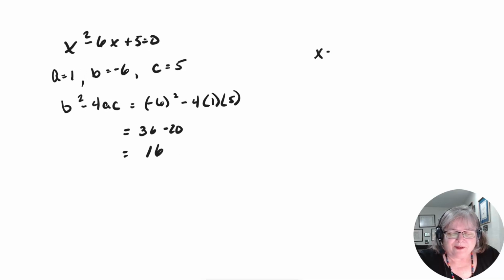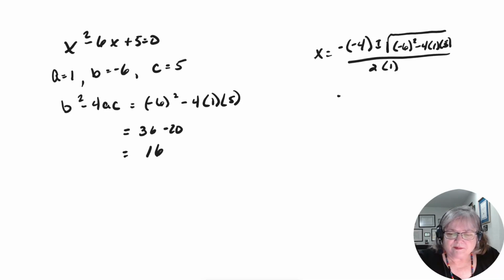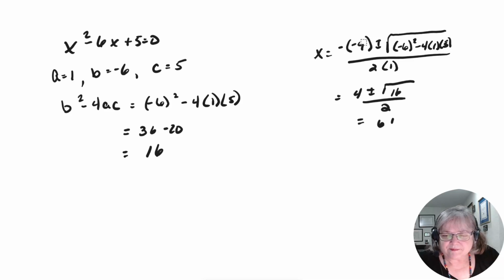So I'm just going to do this one. If you solve this using the quadratic formula, it would look like this. I put 4s here, but this is actually a 6, and there's a 6 down here as well.